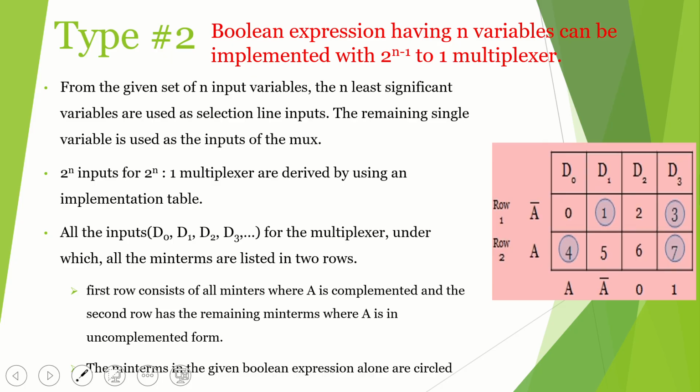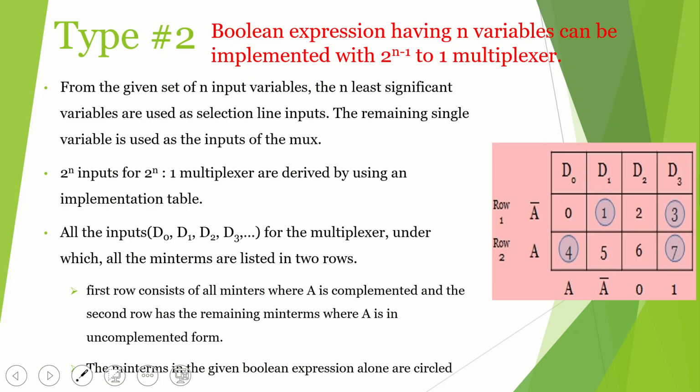So how we achieve the input expression is by the implementation diagram. So look at the diagram. So D0, D1, D2, D3. So we have 4 inputs, and we have 8 min terms, 0 to 7.